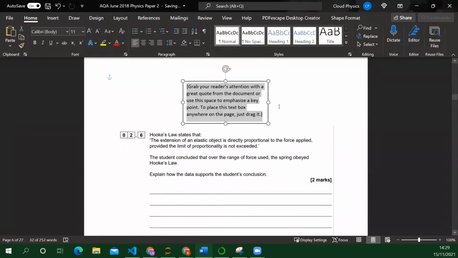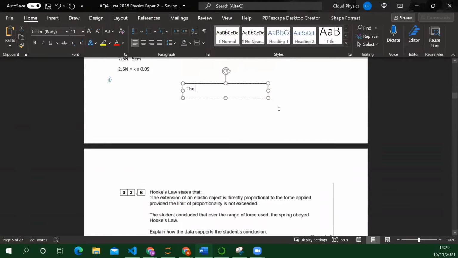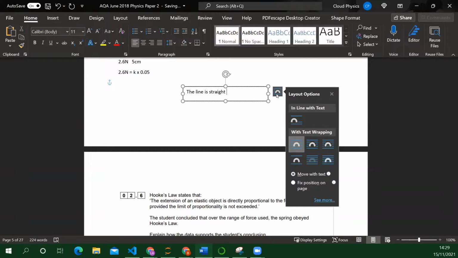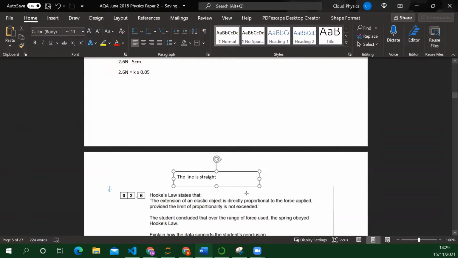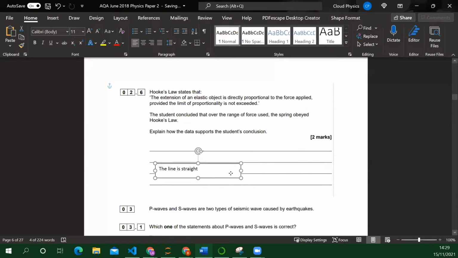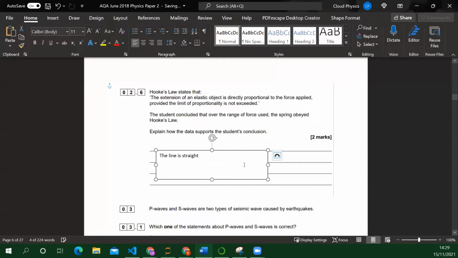So the line is straight, so indicating direct proportionality.